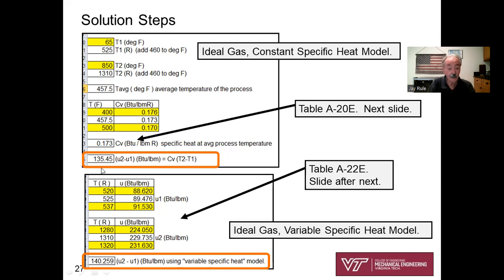So now it's plug and chug, right? We've got C_V as a number, and we're looking for delta U. It's C_V times delta T, or 135.45 BTUs per pound mass.